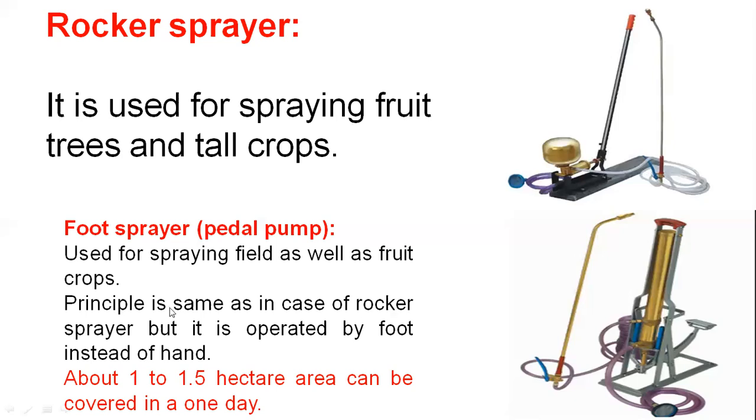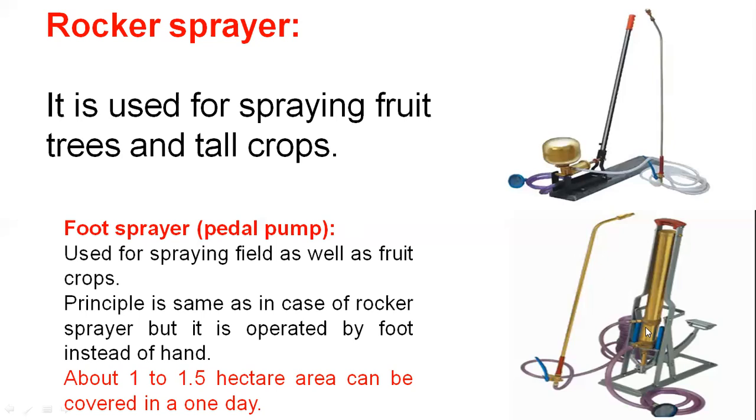Similarly, the foot sprayer is used to spray in the field as well as on fruit crops. The principle and mechanism are the same as in the rocker sprayer, but it is operated by the foot instead of the hand. That is why it is called a foot sprayer.